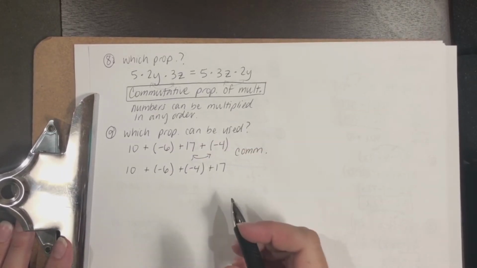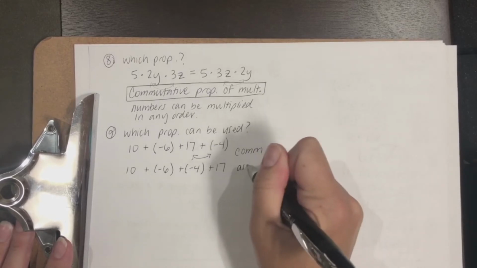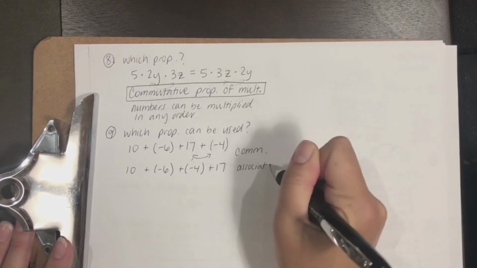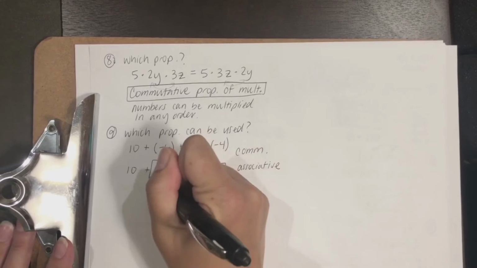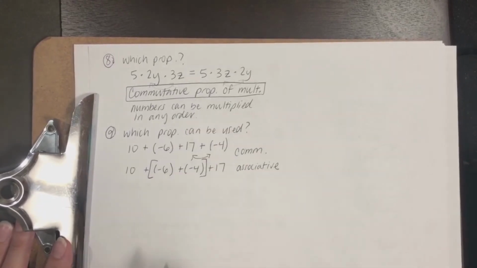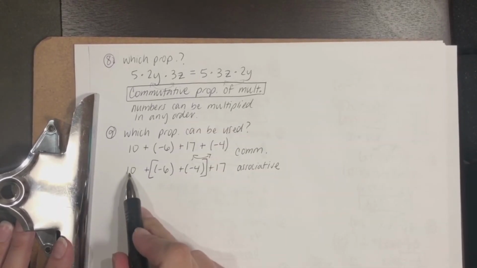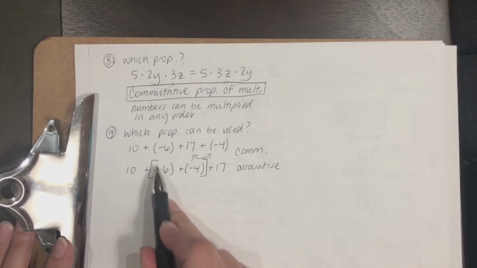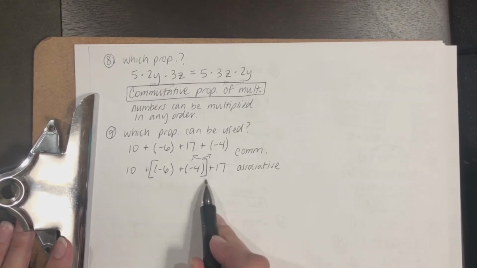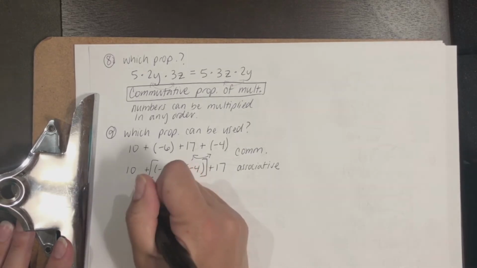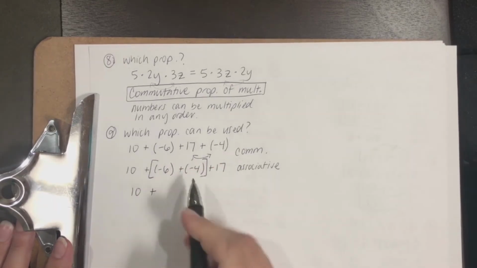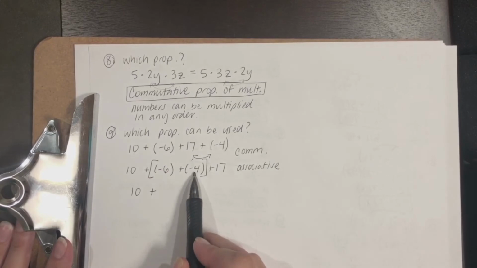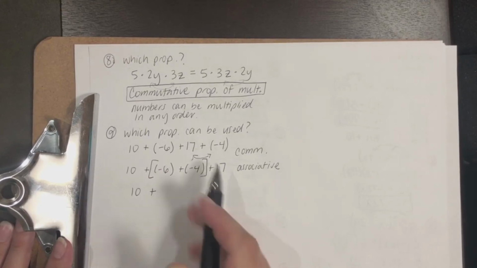Now I'm going to associate the negative 6 and the negative 4. Normally we would go in order and we'd say 10 minus 6 minus 4, but I can associate and do these ones first. So we'll do 10 plus, what's negative 6 plus negative 4? Ah, you're seeing the picture now.